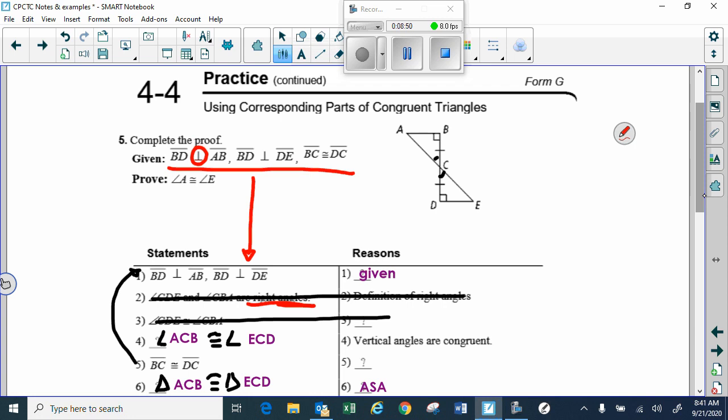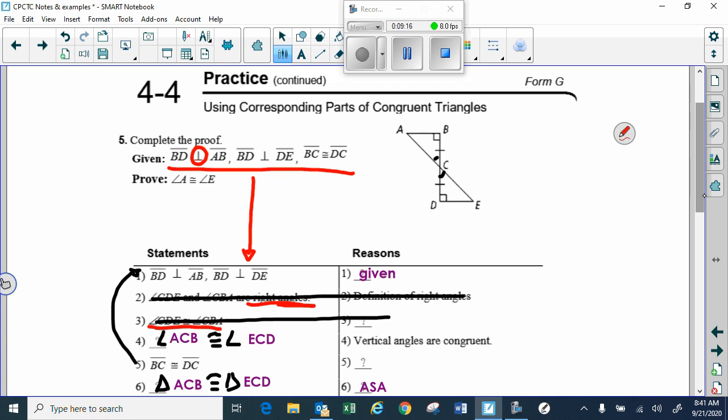Another word for perpendicular is right angle. And then if they're right angles, now we can say that they are congruent, which is what this step is. And it'd be the definition of congruence because they're both right angles. I'll let you skip those steps. They have it on the drawing there for you.